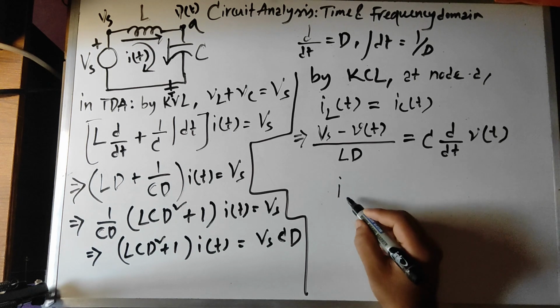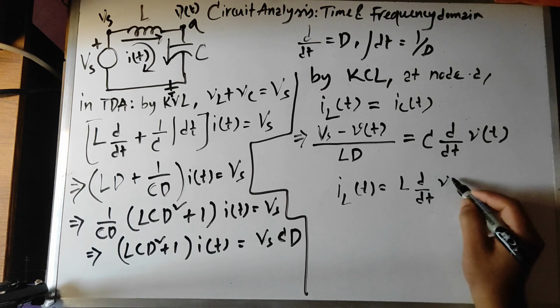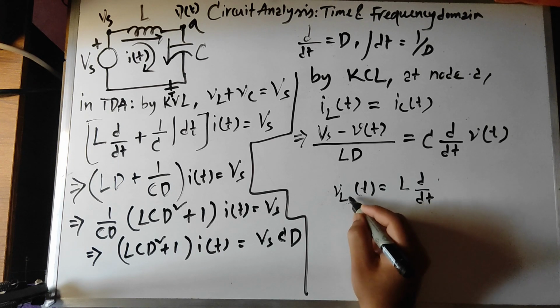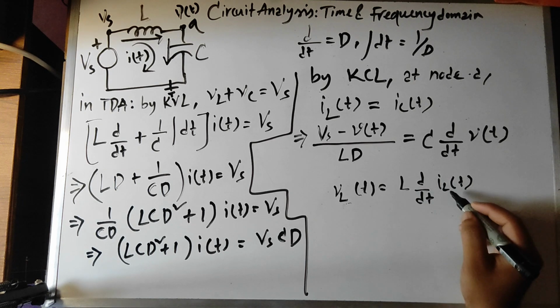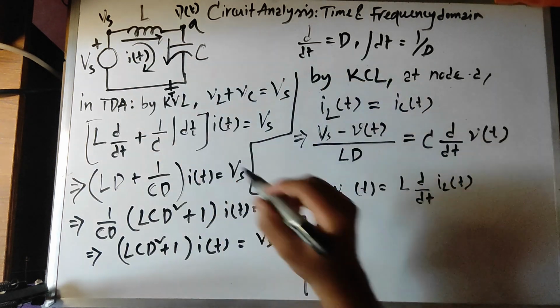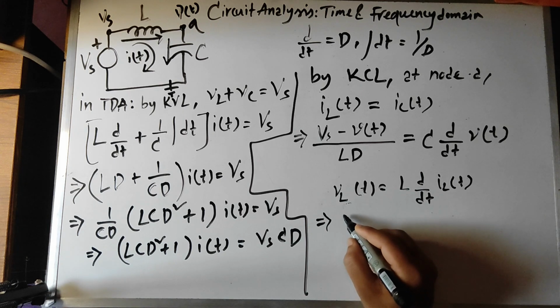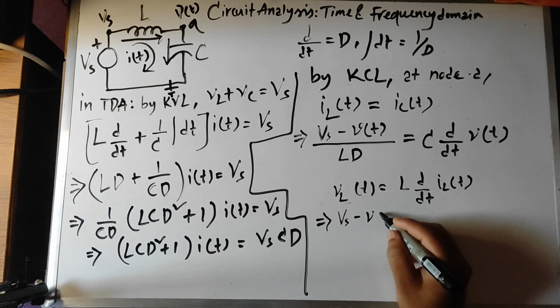We already know that the voltage across the inductor is L d/dt of the inductor current. Here, this voltage is the difference between the node voltage Vs minus the voltage Vt.